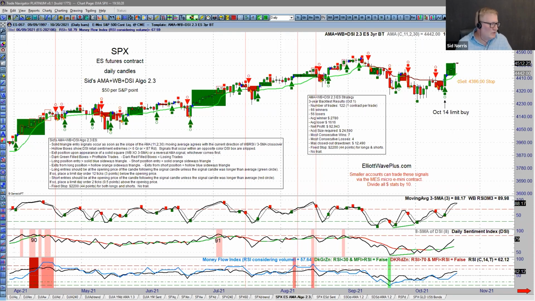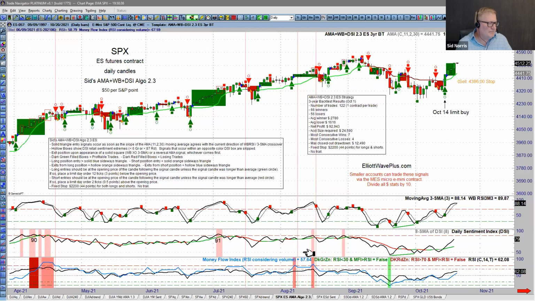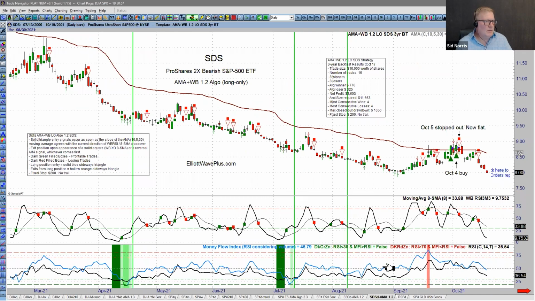We also, on many items, provide signals on ETFs. For instance, on the ES contract, we provide the signals on the futures contract, of course, but we also provide the signals on SSO, the 2 times leveraged bullish ETF of the S&P, and SDS, the 2 times leveraged bearish ETF on the S&P, if you prefer to trade ETFs.